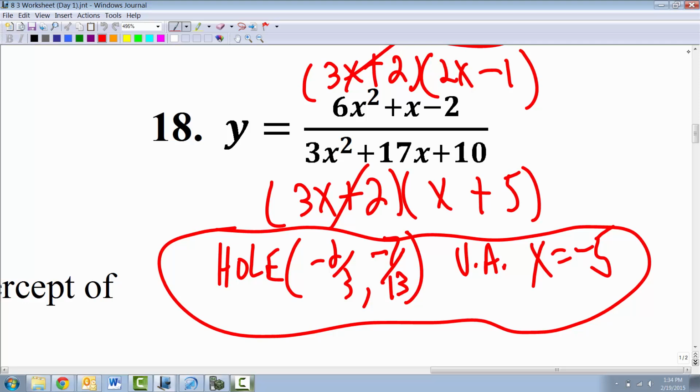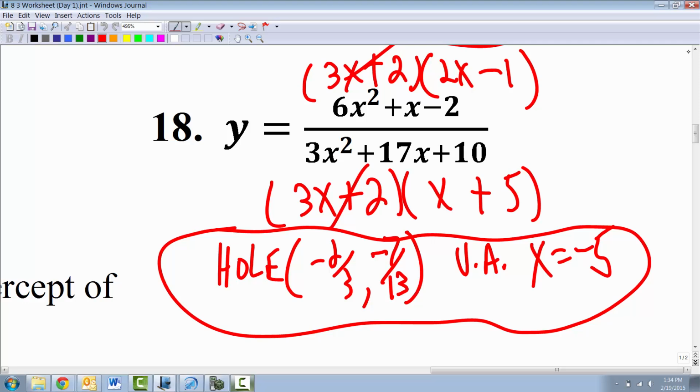So what you have to do is show where that bad point is in the leftover graph. Take negative 2/3, and you might want to use a calculator on this. You plug it into the 2x minus 1 over x plus 5 leftover. That's a hole. Whereas x plus 5 still gives you a vertical asymptote at x equals negative 5.